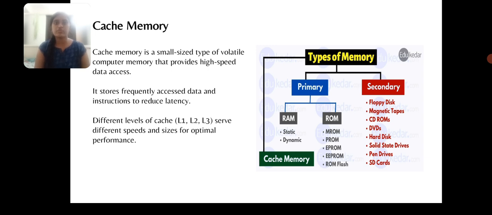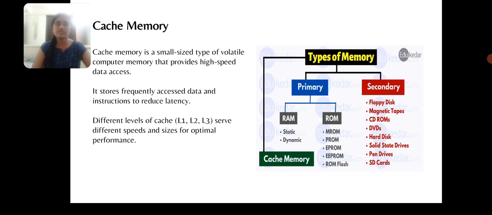Memory. Cache memory is a small-size type of volatile computer memory that provides high-speed data access, and it also stores frequently accessed data and instructions to reduce latency. Different levels of cache, L1, L2 and L3, serve different speeds and sizes for operation performance.